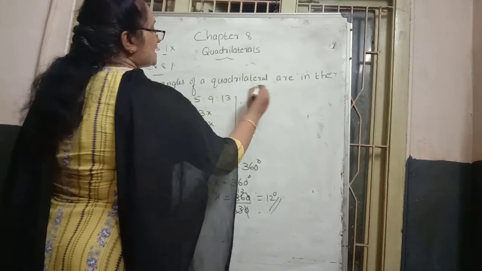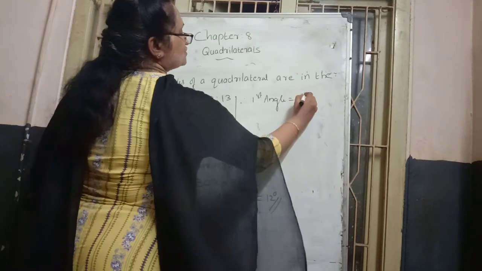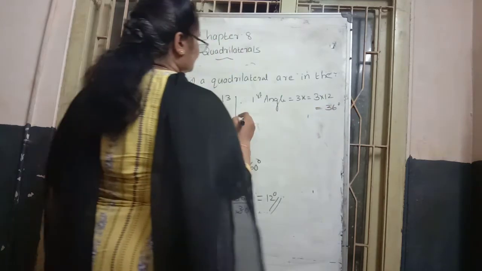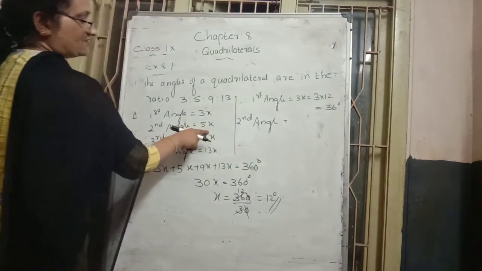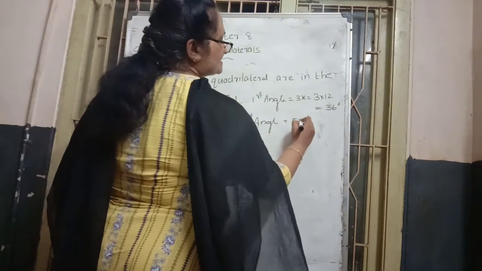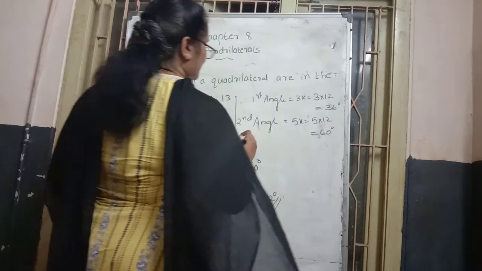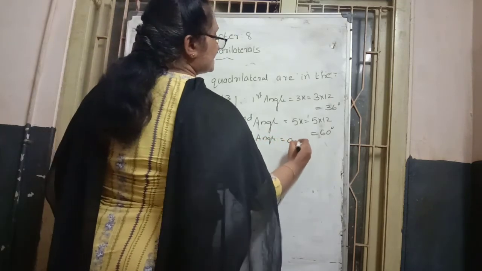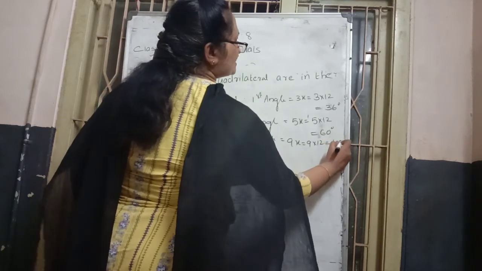The first angle is 3x. Substituting x as 12, 3 into 12 is 36 degrees. The second angle is 5x, with x as 12, 5 twelves are 60 degrees. The third angle is 9x, so 9 into 12 is 108 degrees.